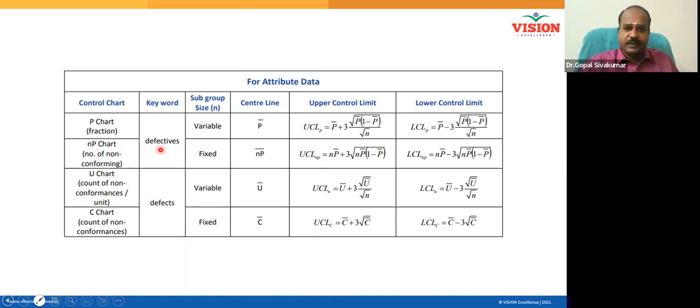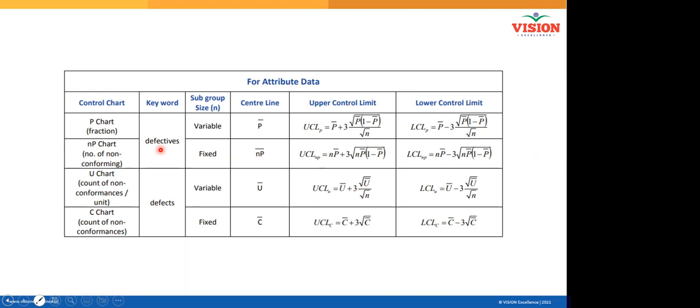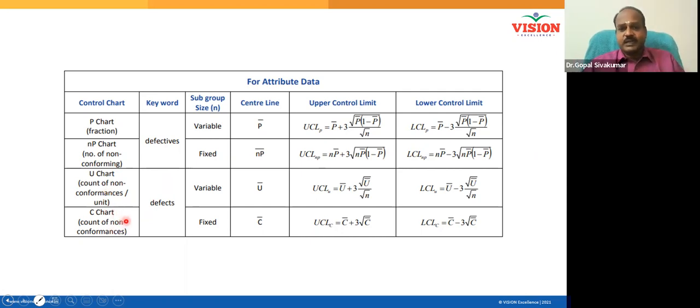No defectives happening, but some products here and there, defects are happening. But still your people are making it up. And now, what is your pain point? Now you need to plot U chart and C chart. If you are moving from P chart to C chart and U chart, that means you have arrested the defectives. Somehow you ensured no defective pieces reach the customer's hands, but defects are happening inside the plant.